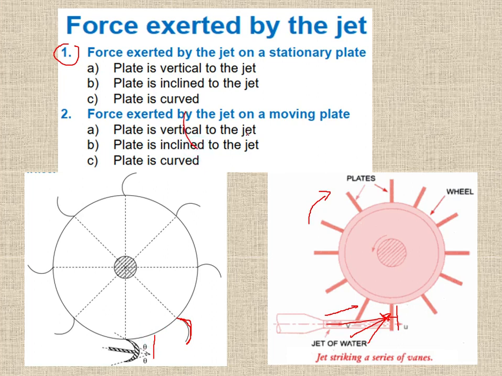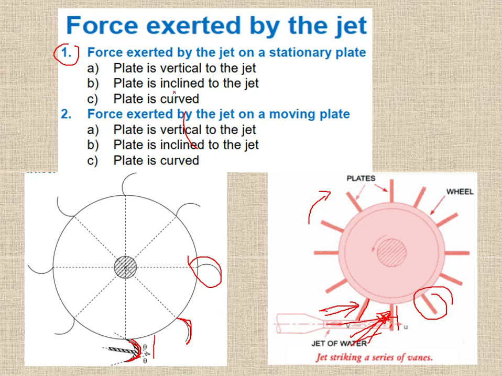Or the plate is inclined to the jet. This is straight, this is inclined, and the plate may be curved. Inclined means you can either strike it straight or make a certain angle from here. So this is the example of a flat plate, and this is the example of a curved plate.